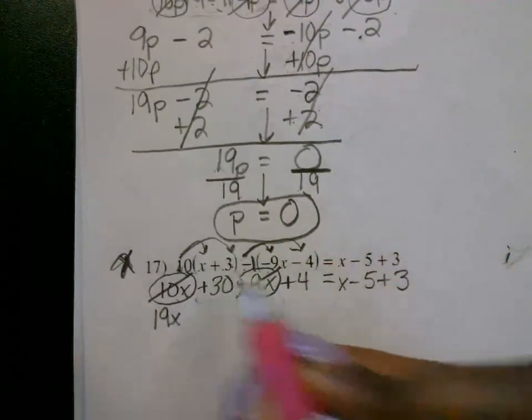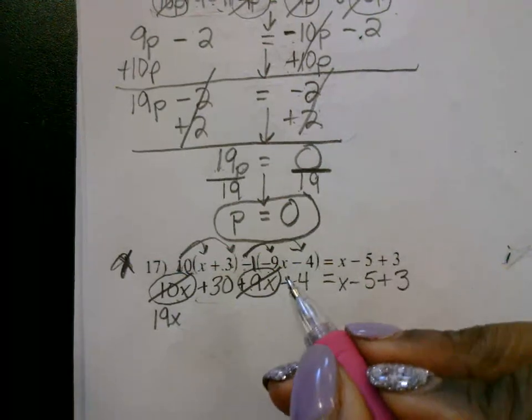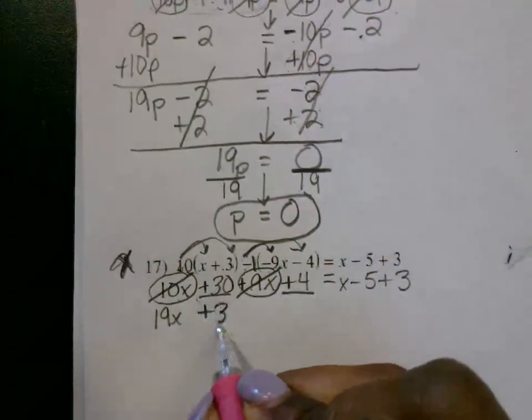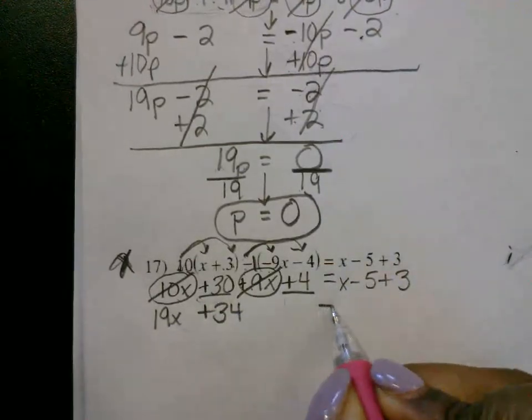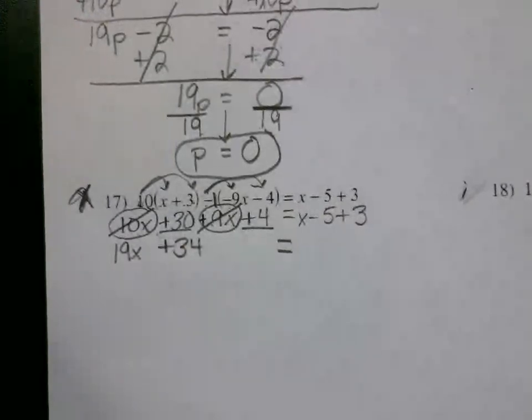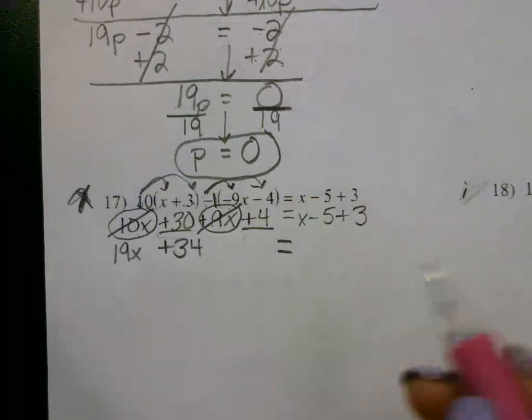Now we have 30 plus 4. What's 30 plus 4? 34. So we got plus 34 here. Bring down the equal. What terms can we combine on the other side?